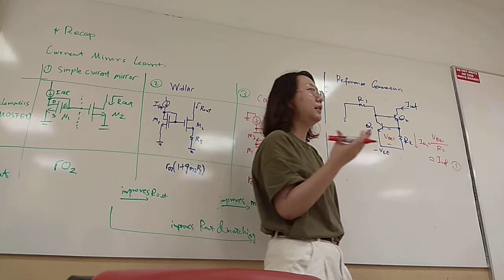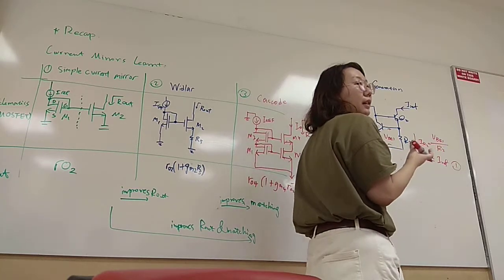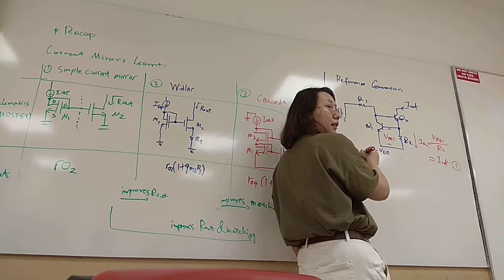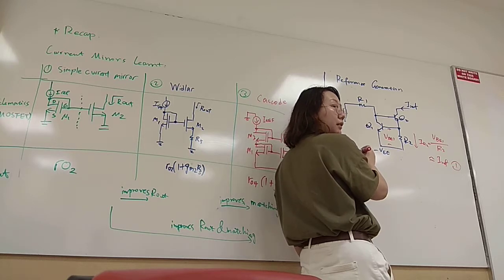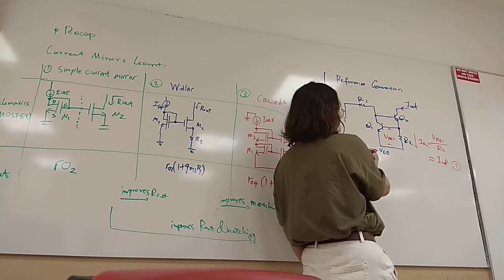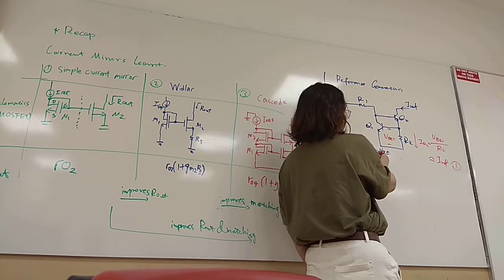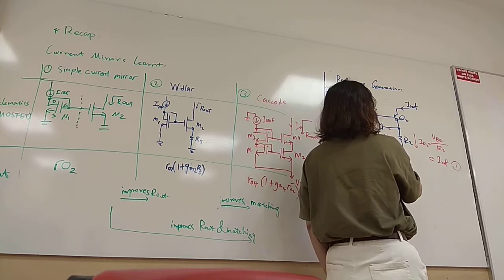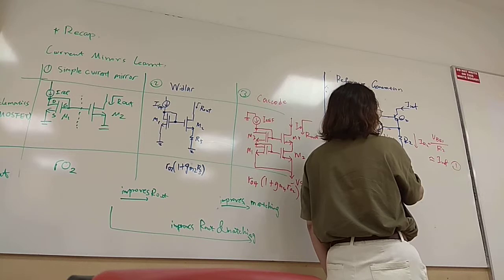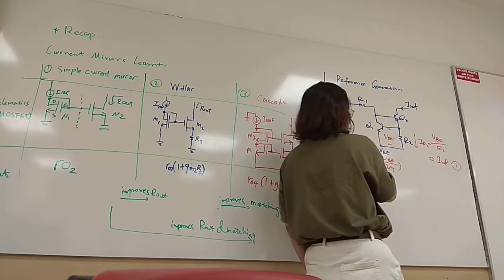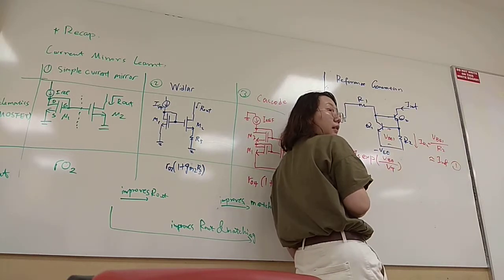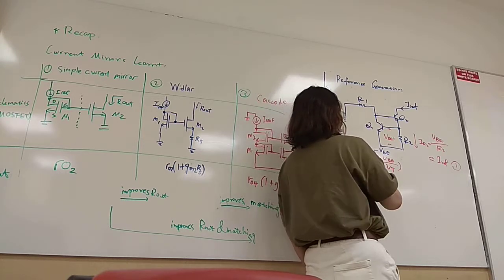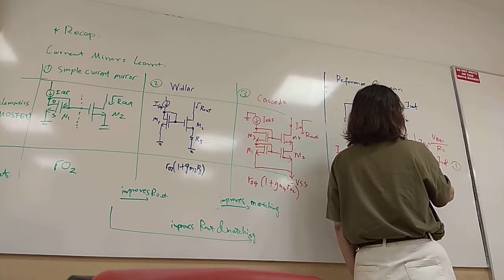What's the diode equation? IC is equal to IS exponential VBE over VT. That's the general equation for your BJT.